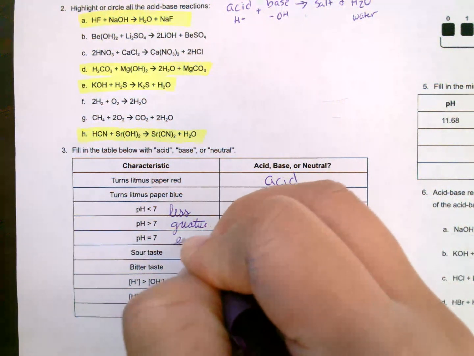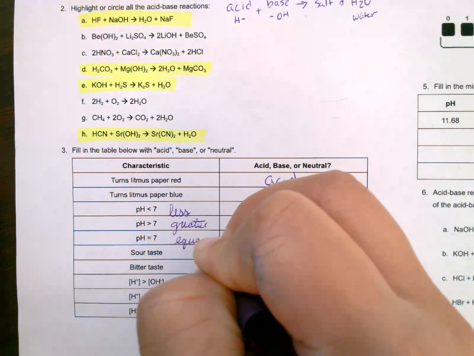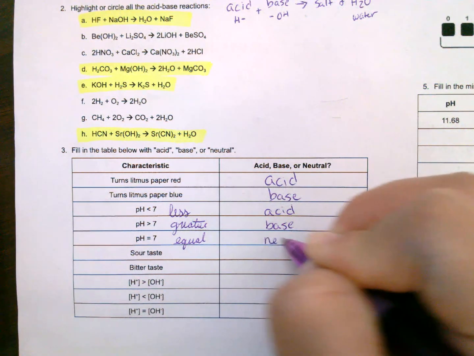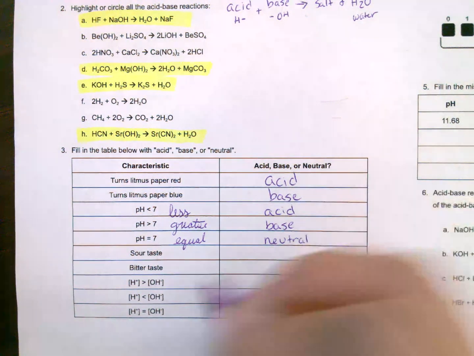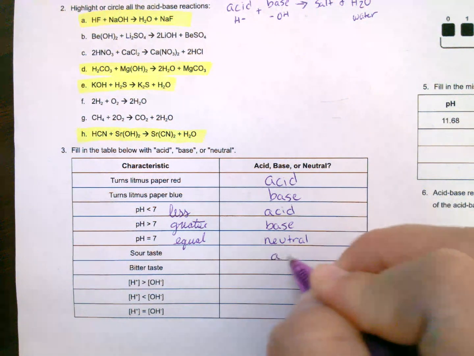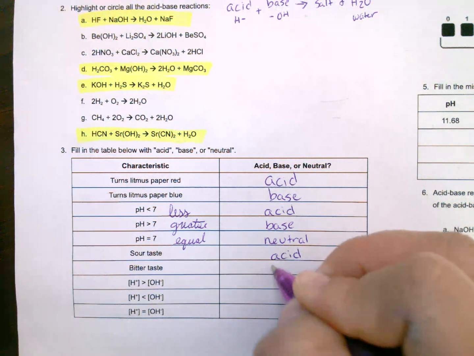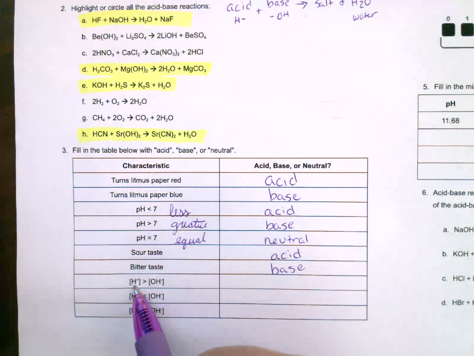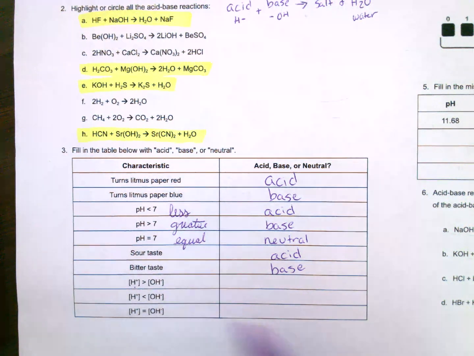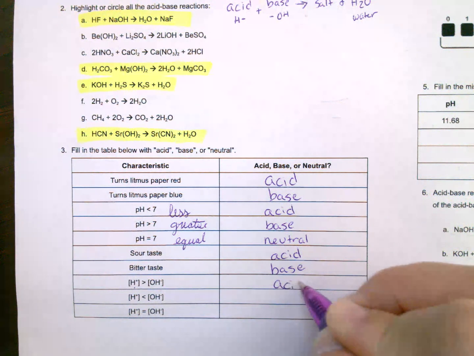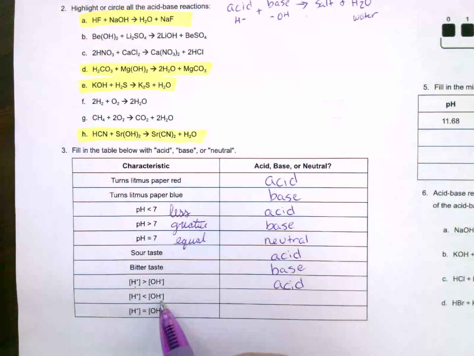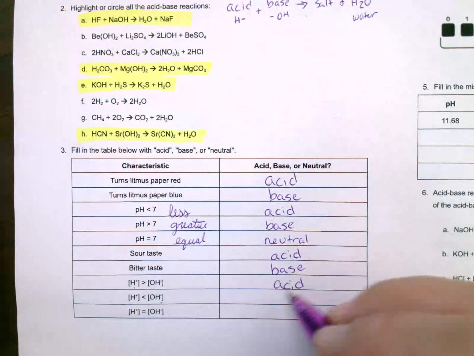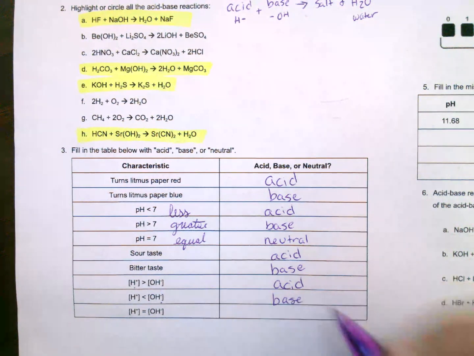And if it's equal to 7, then that is neutral. A sour taste is going to be an acid. A bitter taste will be a base. If the hydrogen or hydronium concentration is greater than hydroxide, then it is an acid. If the OH, the hydroxide, is greater, then it's a base.